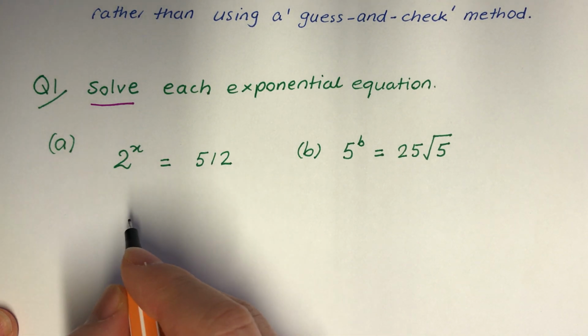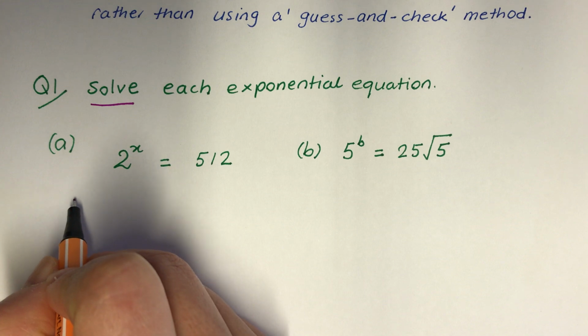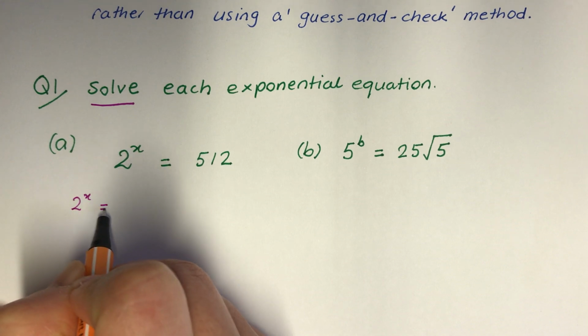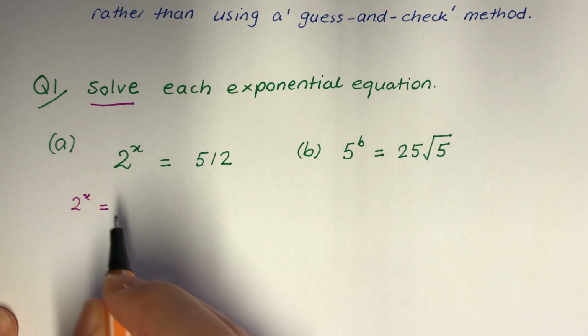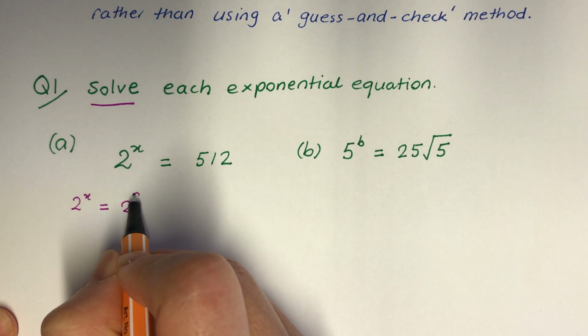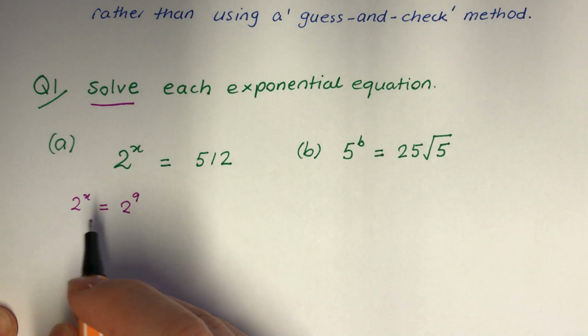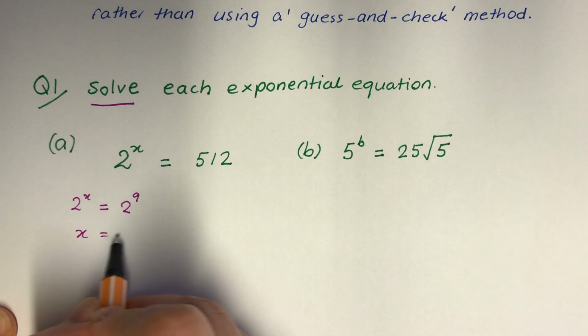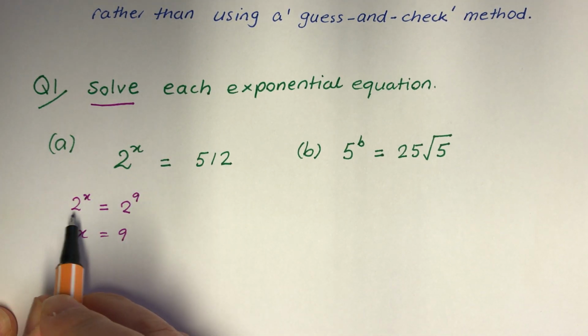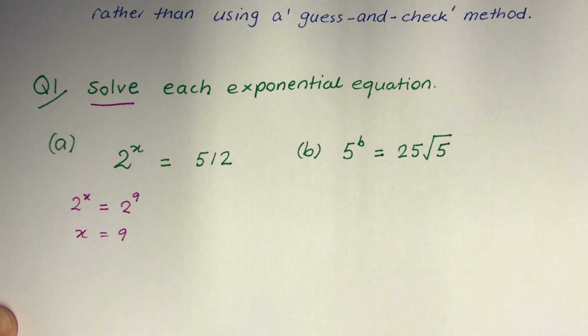There's a couple of ways of doing this. If you knew that 512 is 2 to the power of 9, some miracle, fantastic, because then x equals just 9. Because it's the same base, we don't have to worry about the base, we only think about the power, so x equals 9.